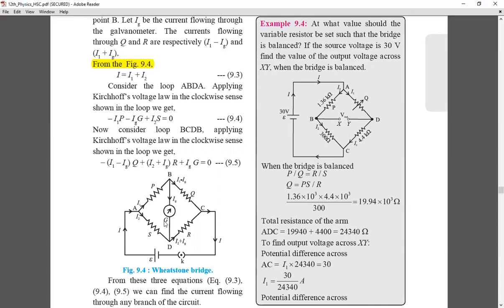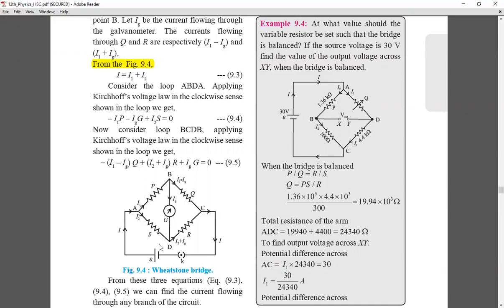If G is the resistance of the galvanometer and Ig is the current across it, the potential difference will be minus Ig into G. Then D to A: here we are going against the direction of current I2, so the voltage will be positive.